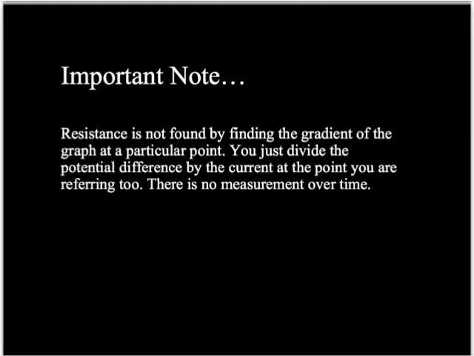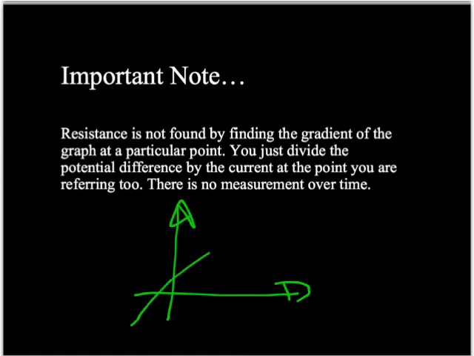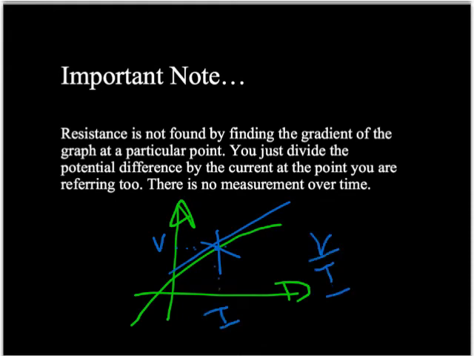Now, an important note I just said before: resistance is not found by finding the gradient of the graph. So if I had a graph with a nice little curve, do not at any time, for that point there, find the tangent. We don't do that. What you do is you just take the V value and the I value and do V divided by I at that point.